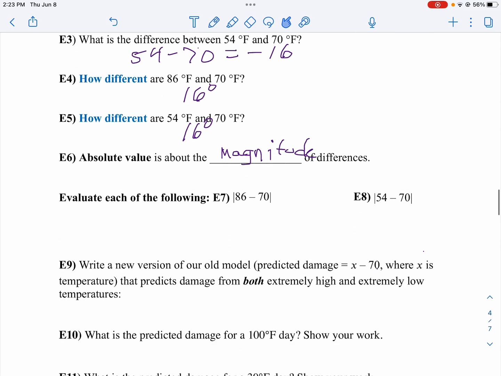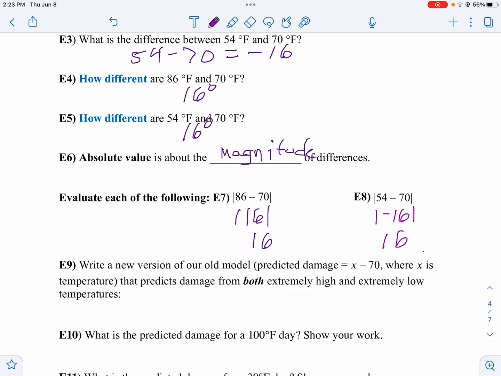So if I find the absolute value of 86 minus 70, I say, oh, 86 minus 70 is 16. I take the absolute value of 16, I get 16. If I do 54 minus 70, that'll be the absolute value of negative 16. How far is 16 from 0?